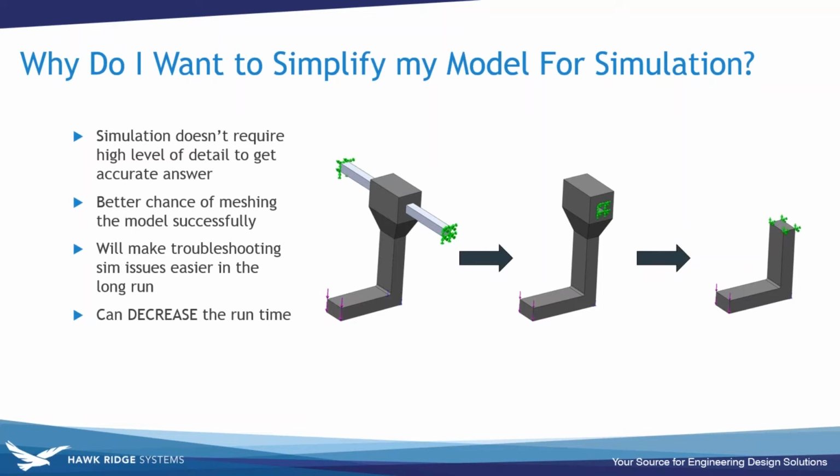When we run simulation studies, we want to make sure that we are getting the most accurate answers, but you spent so many hours on that final design adding that level of detail in the CAD model. A lot of those elements are not necessarily needed in simulation, and sometimes may make the simulation process a little bit more difficult.